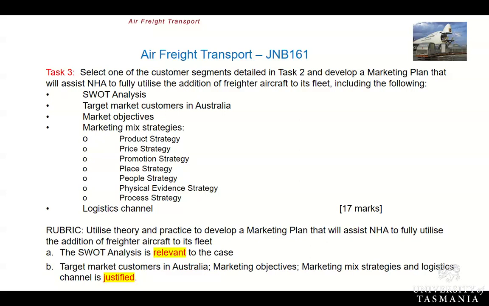The thing about marketing is you can justify most things with some supporting evidence. So it's justifying how you're articulating your marketing mix, for example. And I suppose the only note I'd make there is in regards to the SWOT. If you copied my SWOT that I did today, that wouldn't necessarily get you a lot of marks.